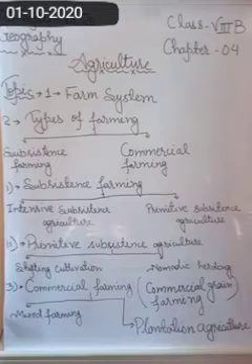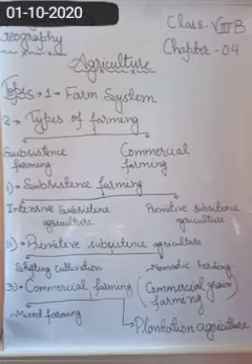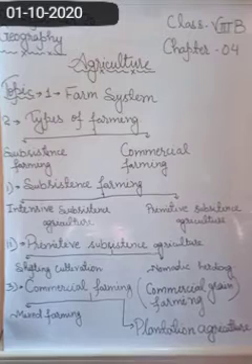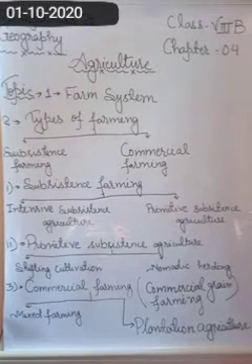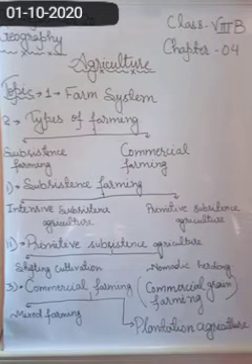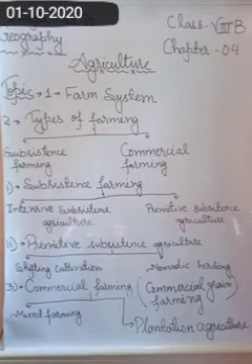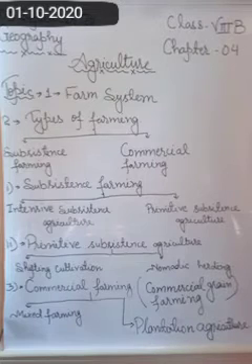So students, nomadic herding is also a very important part of primitive subsistence agriculture, in which nomadic herding is mostly practiced by the herders or the people who are rearing animals in the semi-arid and arid regions of the Sahara Desert, Central Asia and some parts of India also, like in Rajasthan and Jammu and Kashmir.